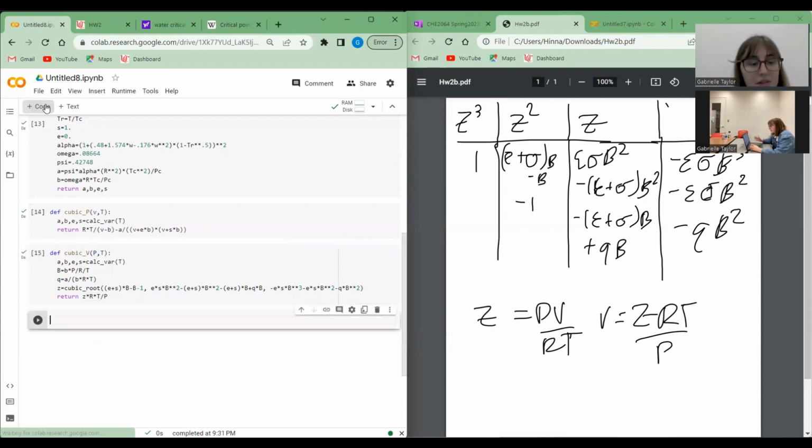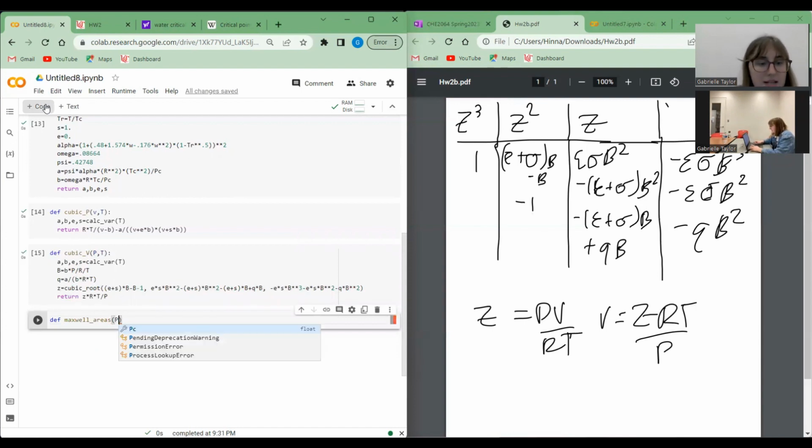Okay, so now the next thing we want to do is our Maxwell function. So let's first define our Maxwell function, and this is going to be based off of P and T, pressure and temperature.